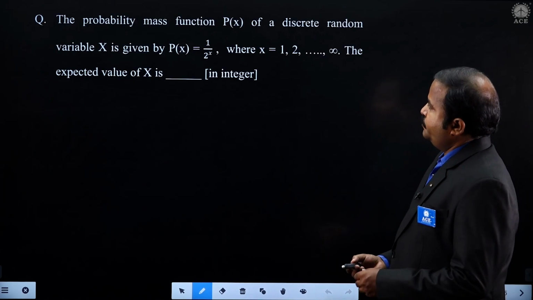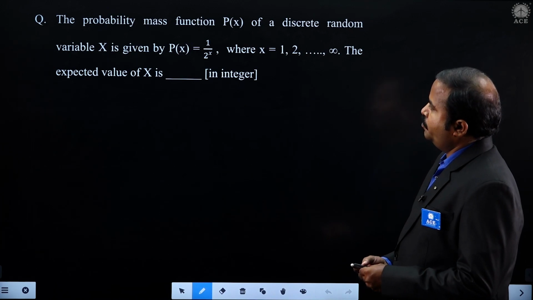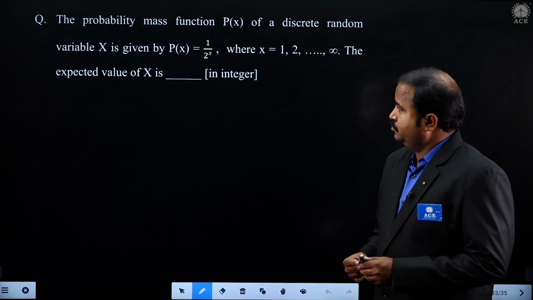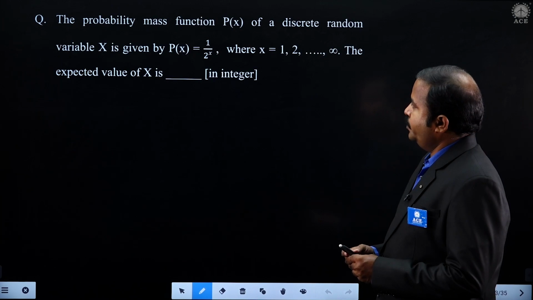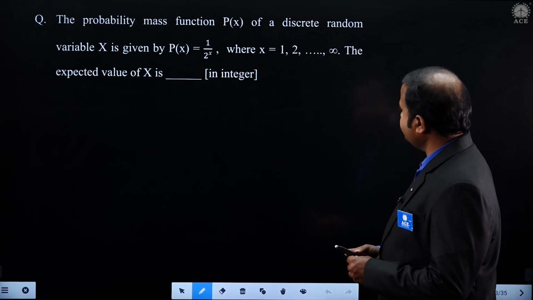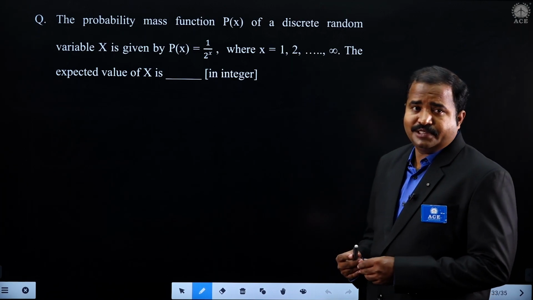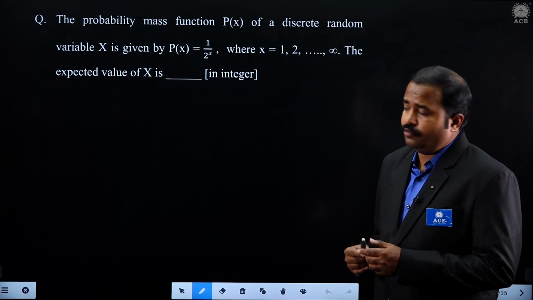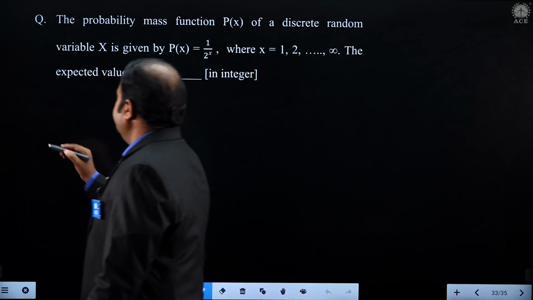The probability mass function p(x) of a discrete random variable X is given by probability of X equal to x is 1 by 2 raised to x, where x takes 1, 2, 3, etc. up to infinity. The expected value of X is dash. This is from probability.